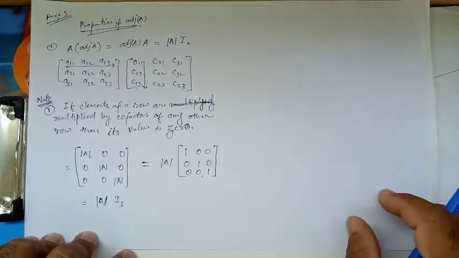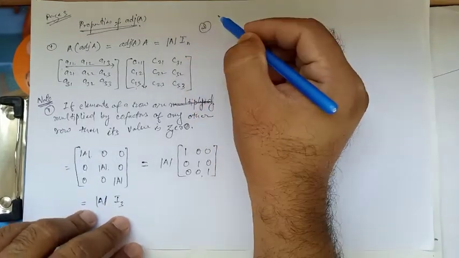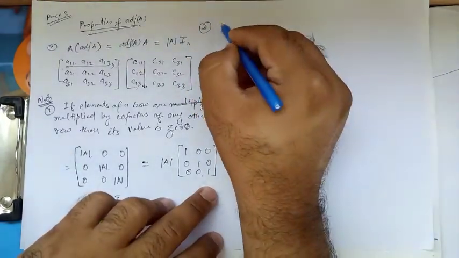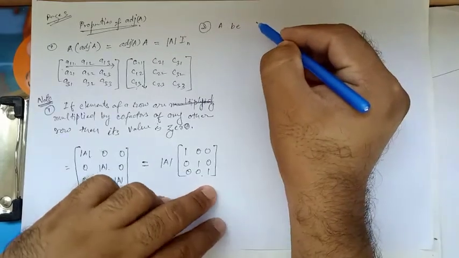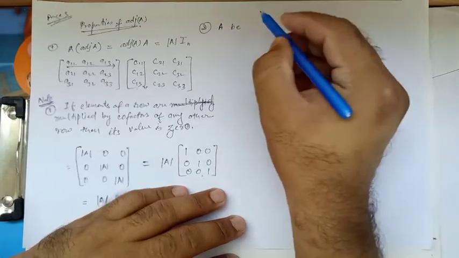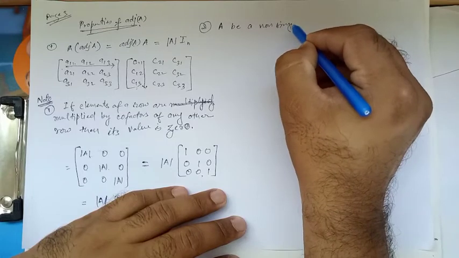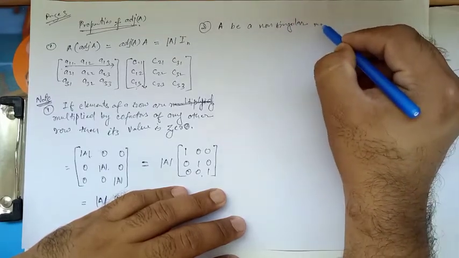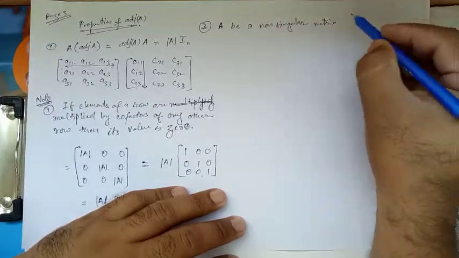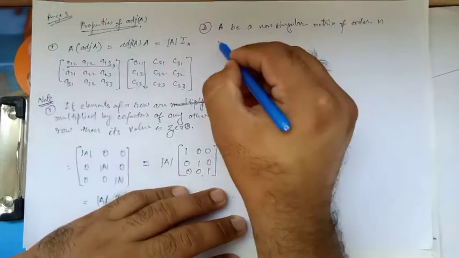Okay, now the next property, that is the second property of adjoint A. Let A be a nonsingular matrix of order n.